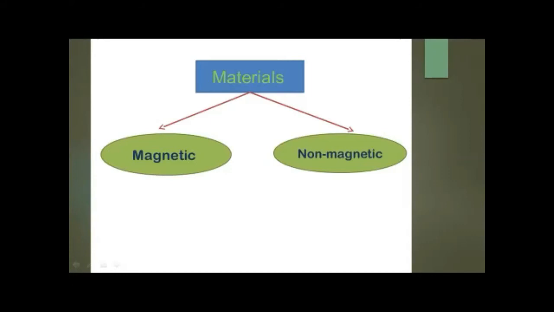Materials are divided into two categories. One is magnetic and the second category is non-magnetic. Kindly take a screenshot. I am giving you time to take a screenshot. So, all materials are not attracted by a magnet. Some materials are magnetic and some materials are non-magnetic.